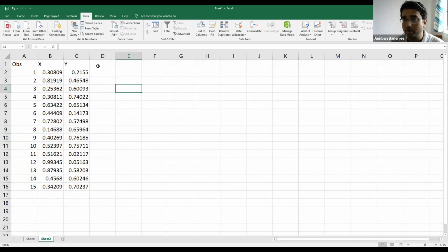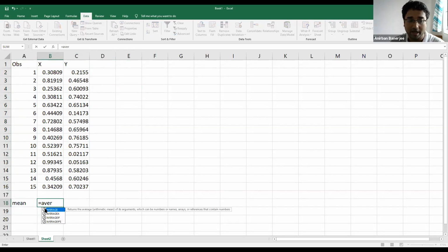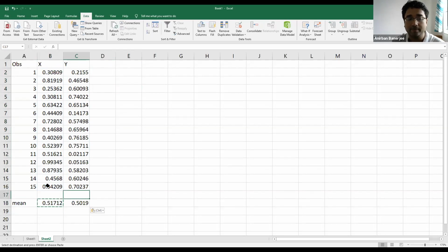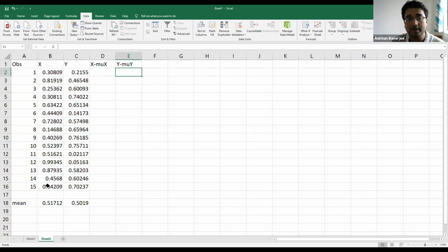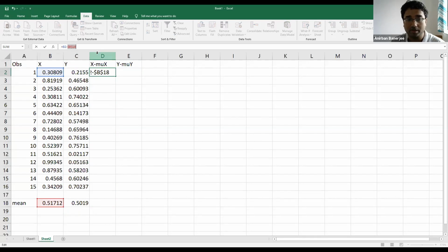Okay. So I want to calculate the covariance. For that, first I need to compute the mean. The mean of this series would be nothing but the average of series X and the average of series Y. So I can compute X minus mu X and Y minus mu Y. Mu X is the mean of X, mu Y is the mean of Y. I'm freezing this one.